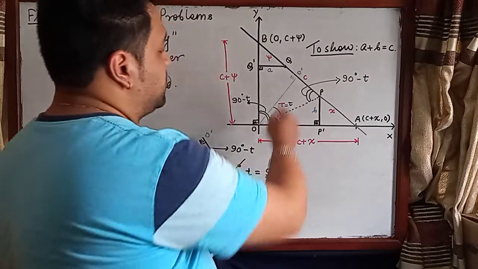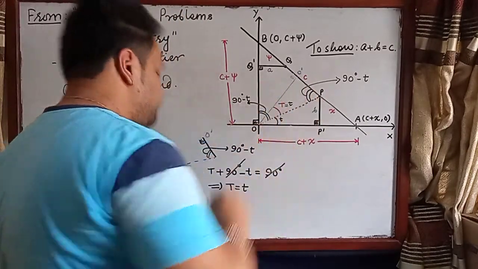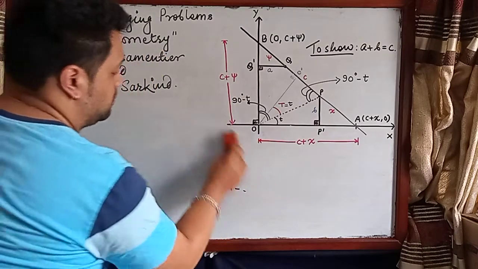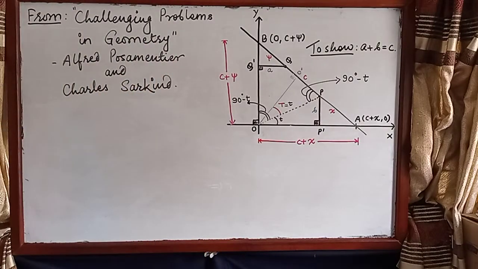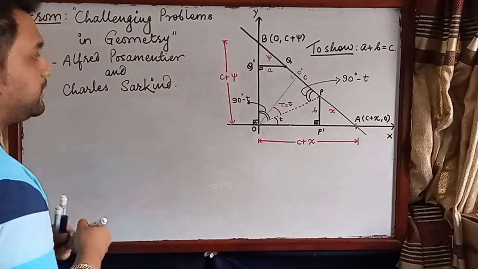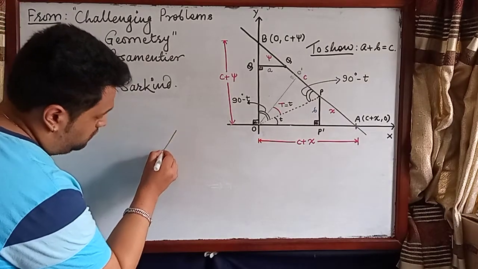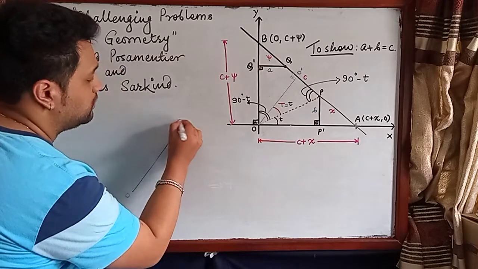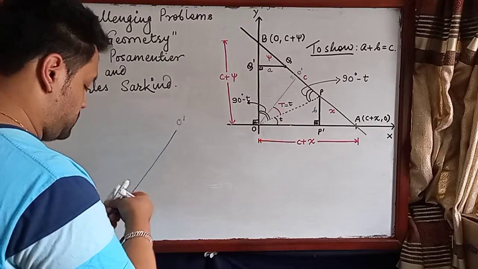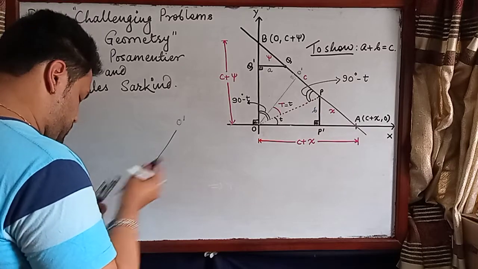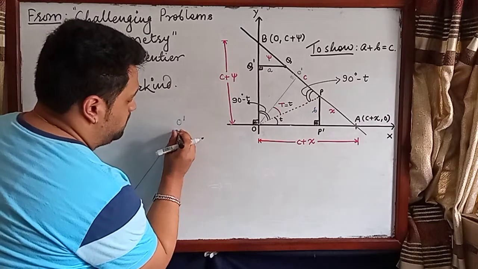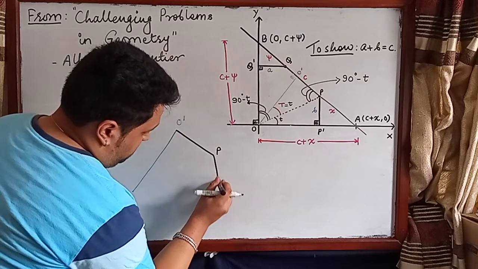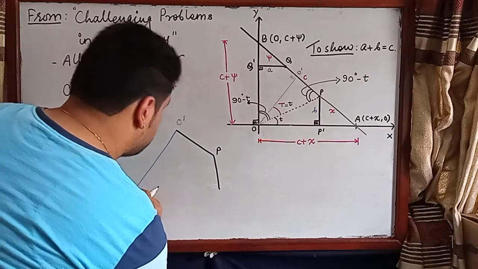Now let's focus on this part of the diagram. We have O dash, this point P here, and something like this, P dash.